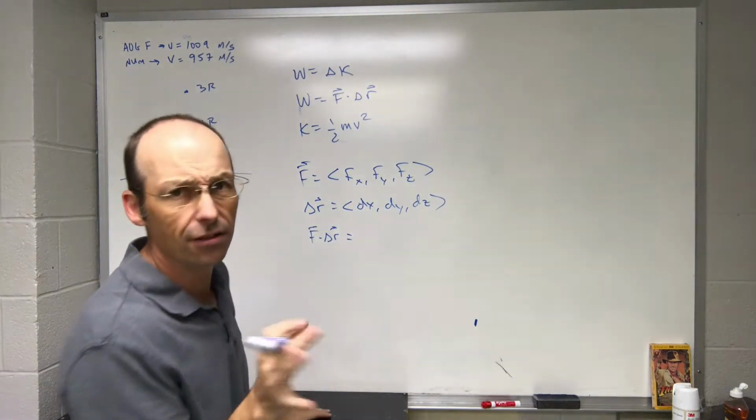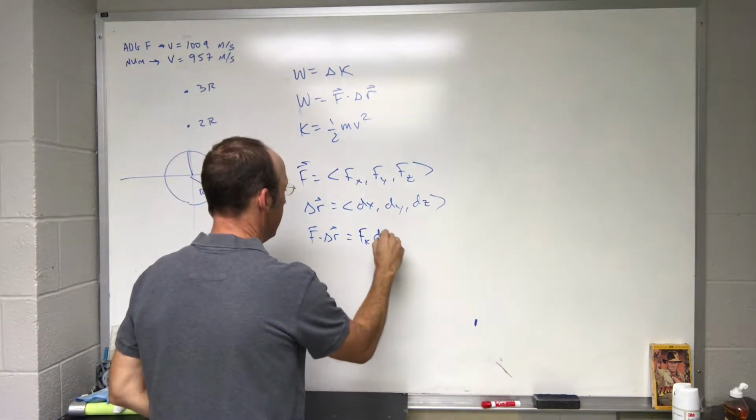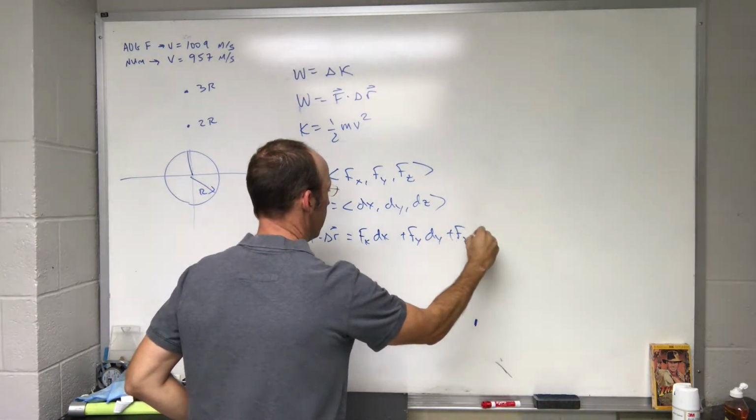And we're in an easy situation here, but I want to show you what it is. So this would be Fx dx plus Fy dy plus Fz dz.